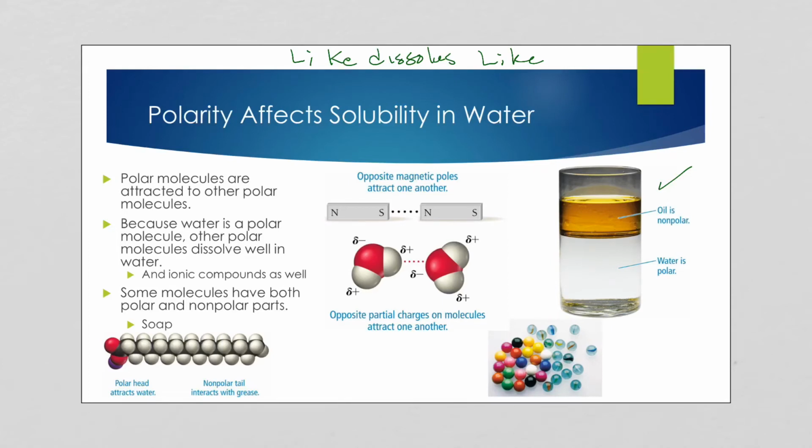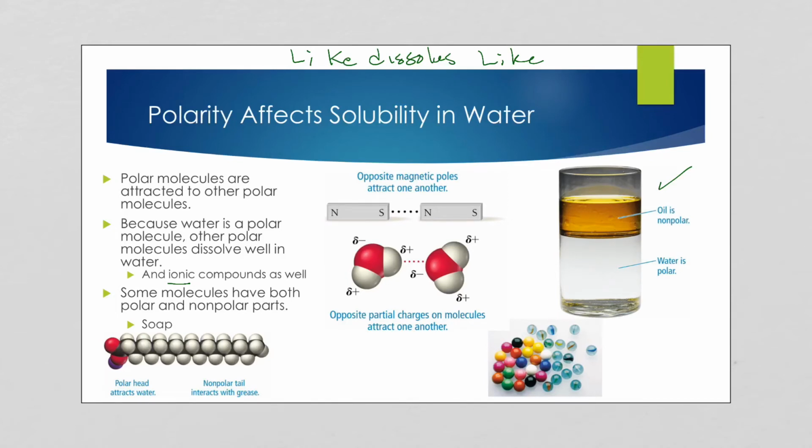So if I have a polar solvent, water, it will be easy to dissolve other polar materials in that water. Because water is polar, other polar molecules will dissolve well. That would include ionic compounds, because ionic is just extreme polarity. We're not worried about dipoles, we have ions. So ionic compounds are very polar.